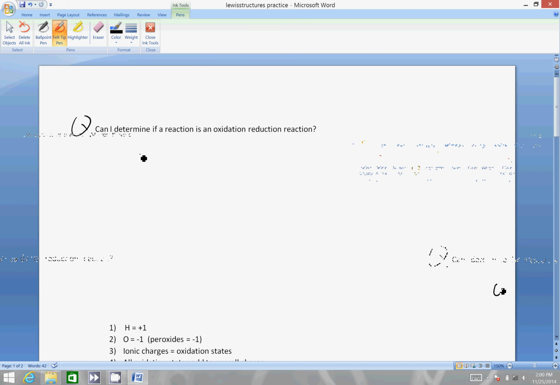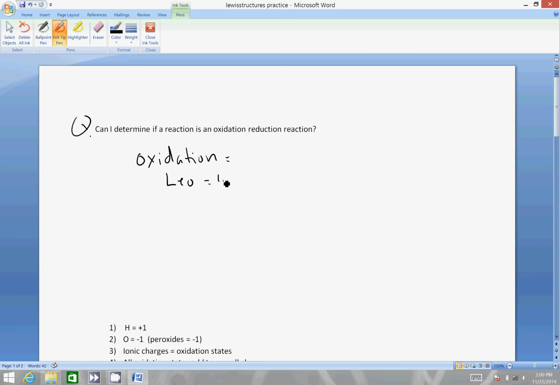We have a little analogy: LEO, lose electrons, oxidize. And reduction would be to gain electrons, reduce.